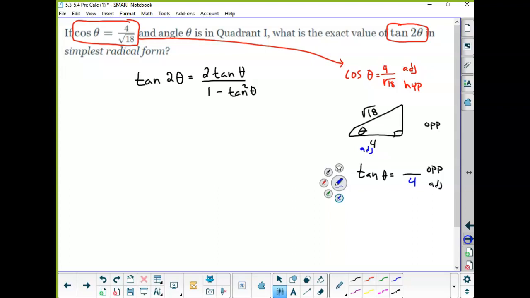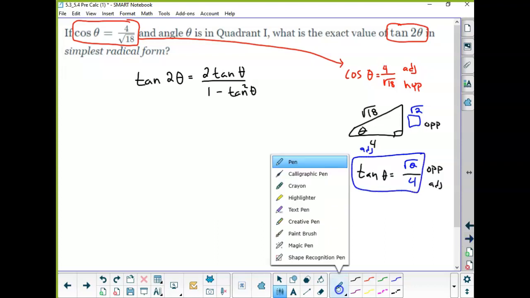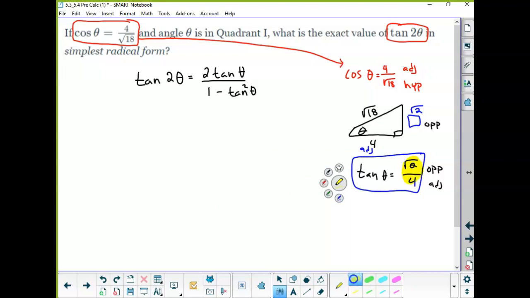So again, I don't want to maximize our time here. I'm going to do Pythagorean Theorem really quick and just find this without showing work. And we end up with the square root of 2, I believe. 18 minus 16, yeah. So that's all you need, this one fact that you had to discover, and now you can plug that in for tangent in both spots.